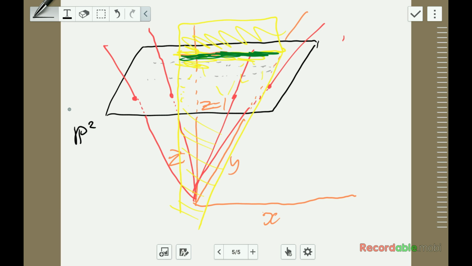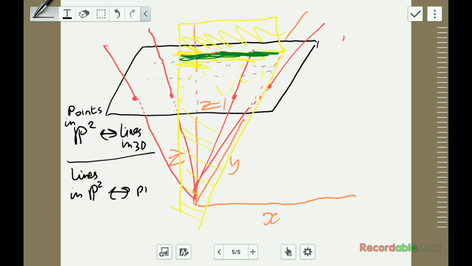So points in P squared correspond to lines in this 3D setting, and lines in the projective plane correspond to planes in the 3D setting.